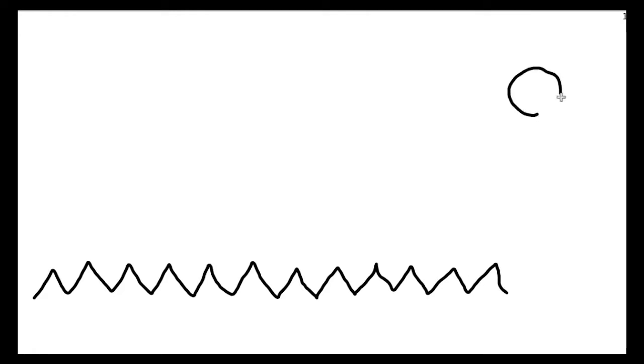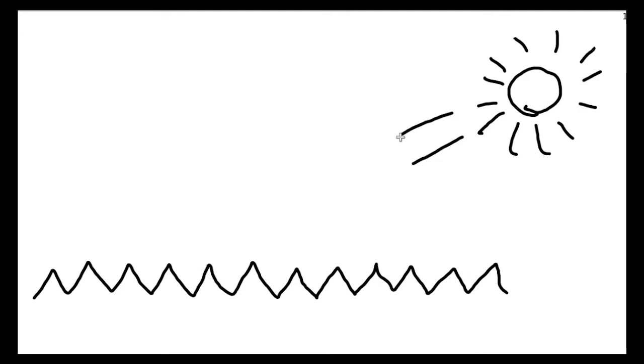And now let's imagine that we have a light source. I'm going to draw, of course, a sun, a universal symbol for a light source. Let's say that this is the only source of light. So we start getting all of this direct light from the sun. Now, what happens to the surface?